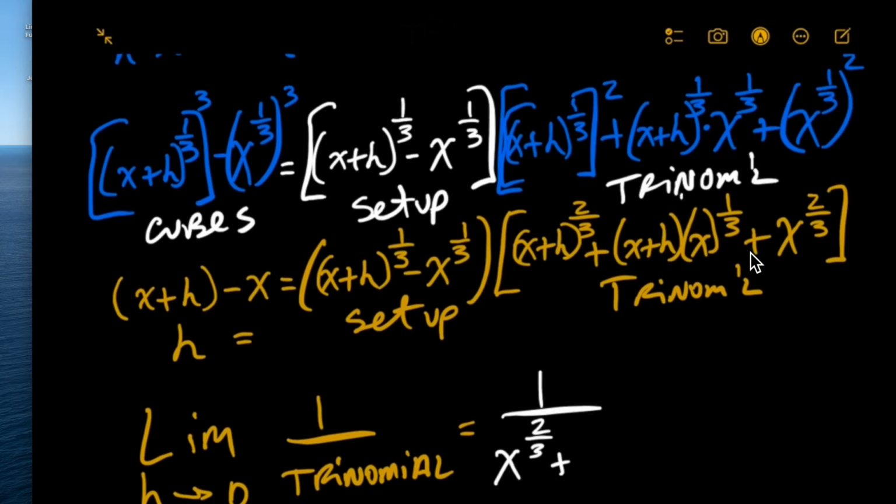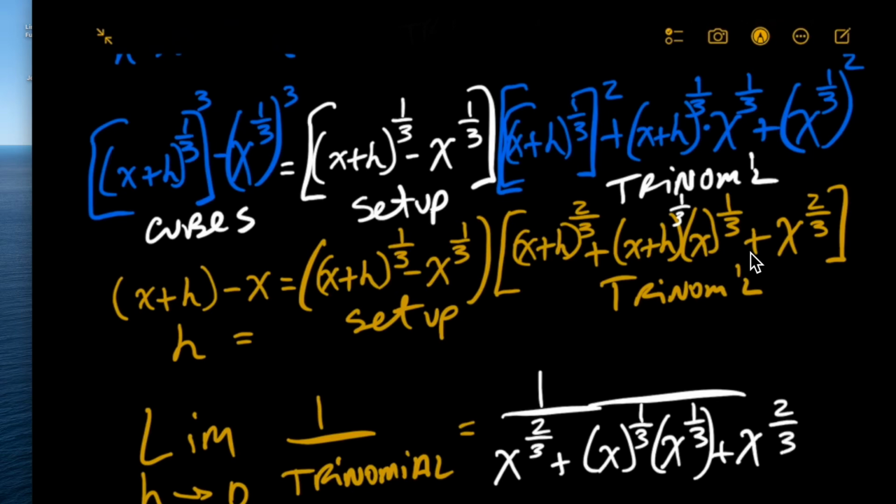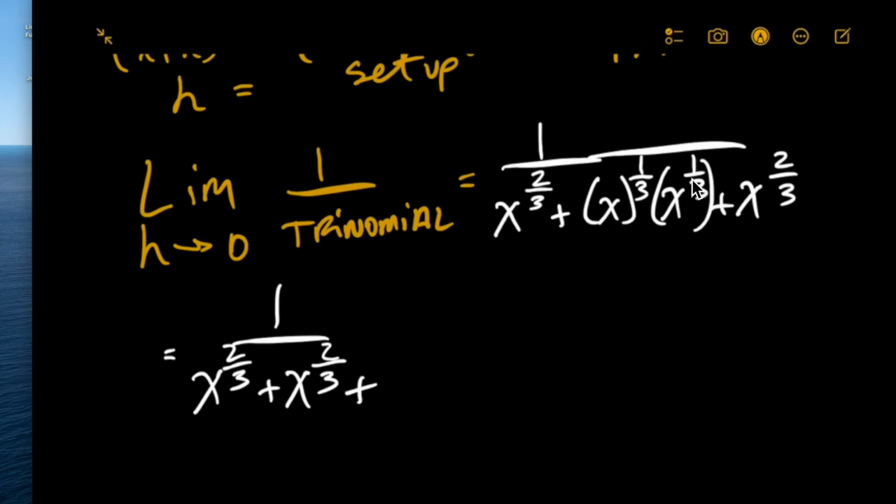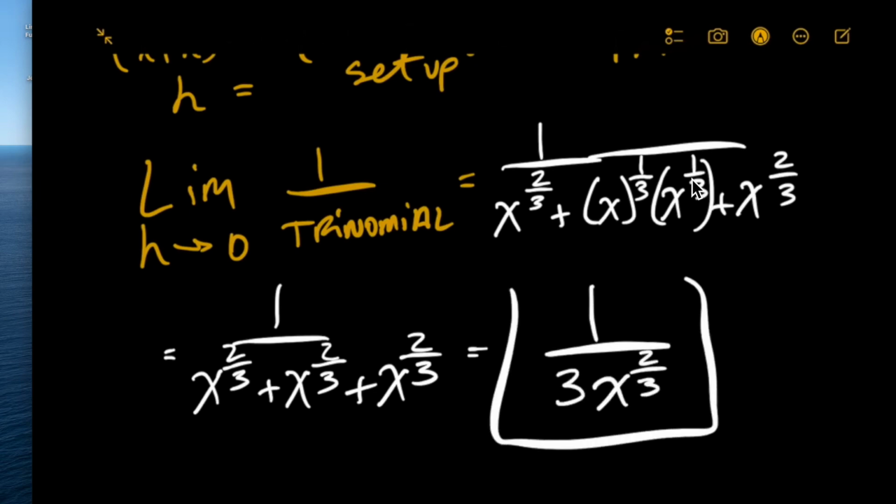Sorry, there should be a 1/3 here. Plus x to the 1/3, because h is 0, times x to the 1/3 plus x to the 2/3. That's going to simplify to 1 over x to the 2/3 plus, here we're multiplying, we keep the base the same and we add the exponents. Equals 1 over 3x to the 2/3, and that is your final answer.